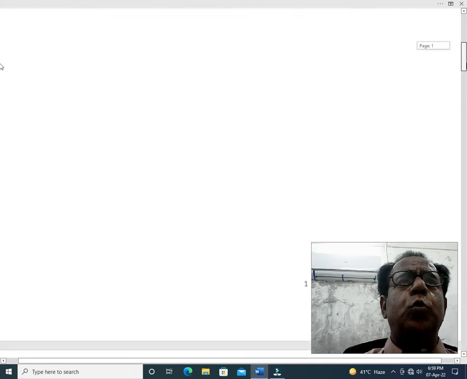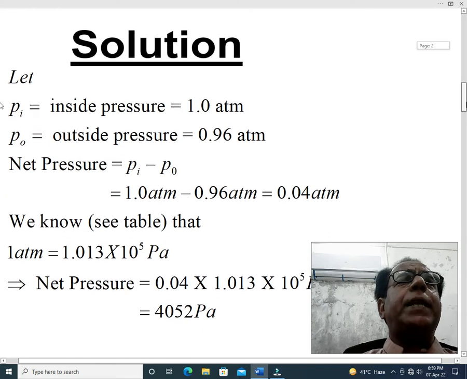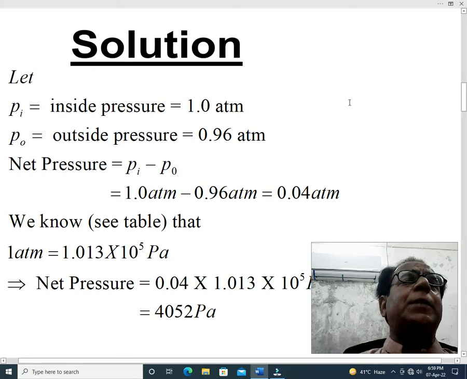So now we move on to the solution. Let Pi, where I is written as a subscript of P, equal inside pressure, equal to 1.0 atm, atmosphere. While for P naught, dear students, we will not read it as P naught, rather we should pronounce it as PO, because here inside and outside pressures are under consideration.